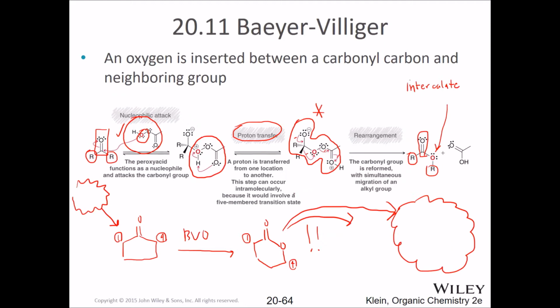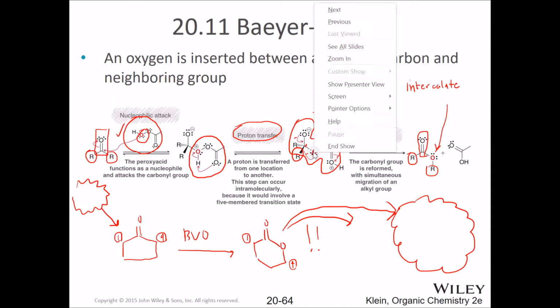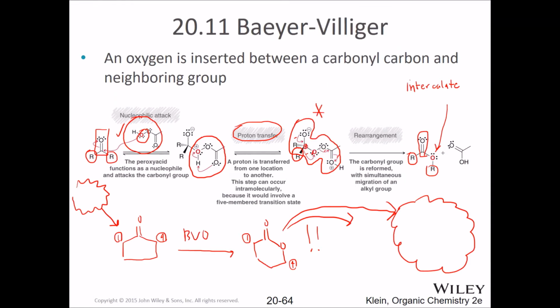So the big deal is that this alkyl group, look at this, switches from being on this carbon to this oxygen. Sorry. You see that? Look at the switcheroo right there. You knew you had to switch, right? Because you have an oxygen in between. Where does it come from? It comes from right there. That's where it comes from. Wow, very cool.